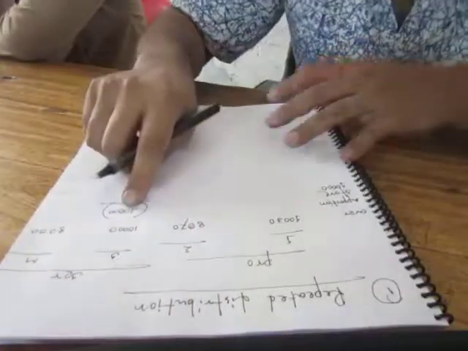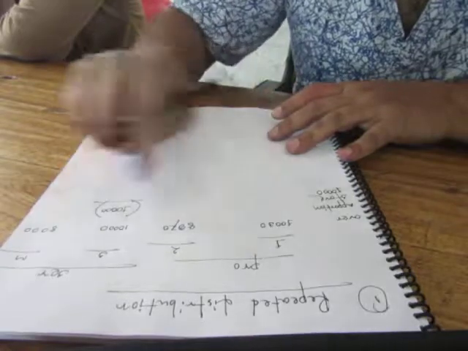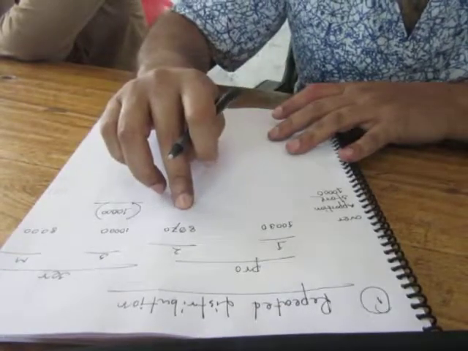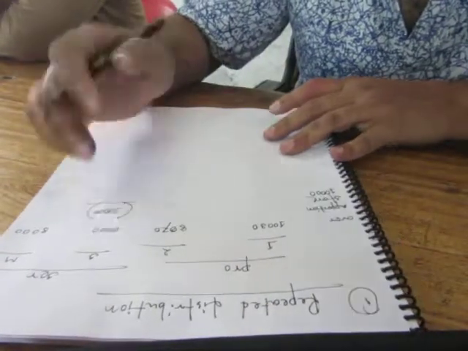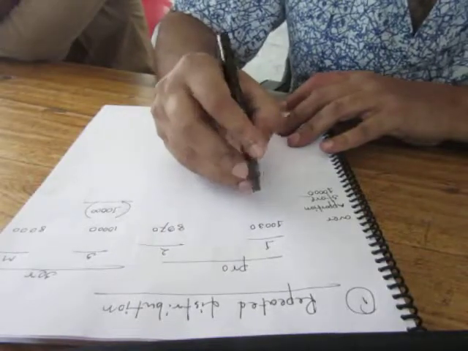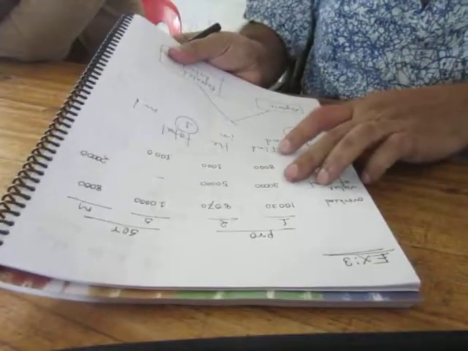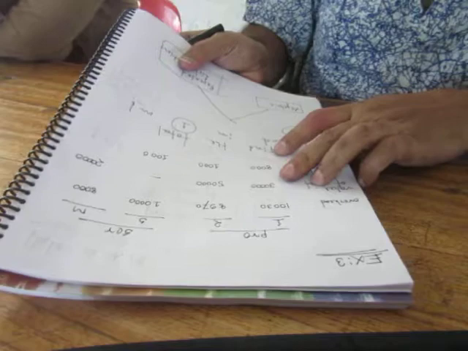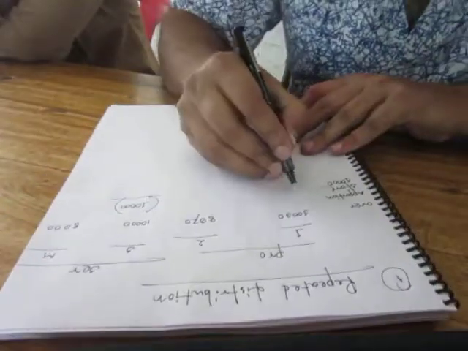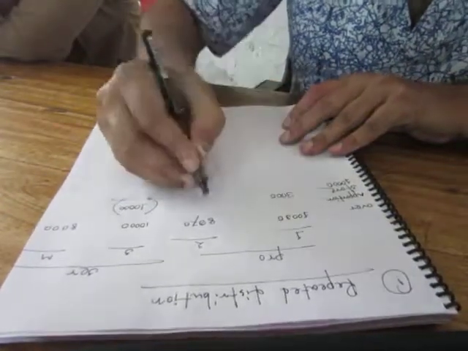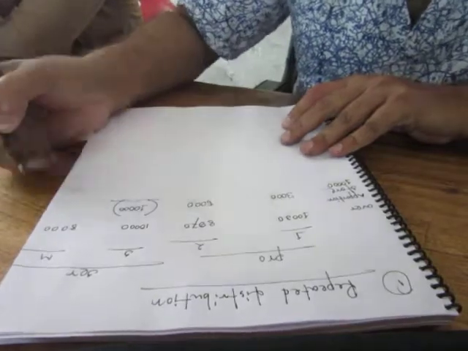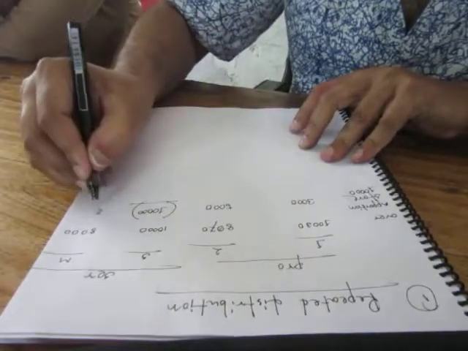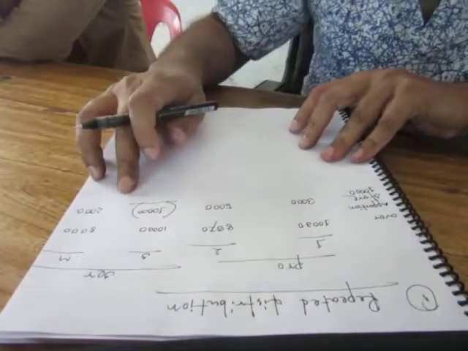So these 10,000 will be distributed between these three departments: 3,000, 5,000, and 2,000, right?